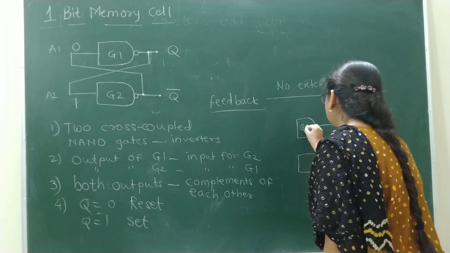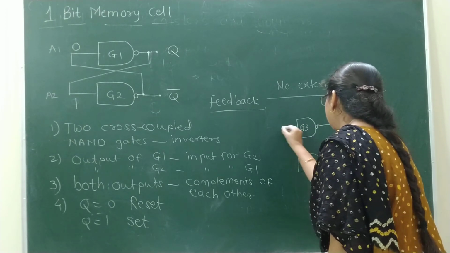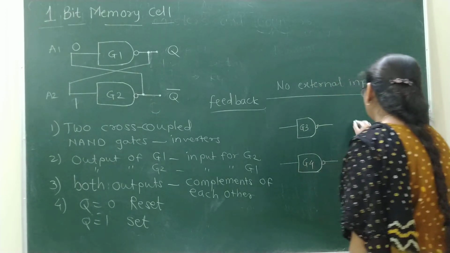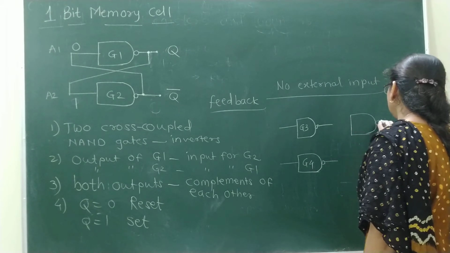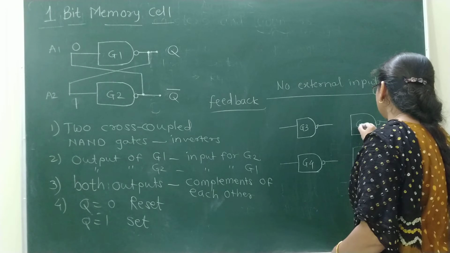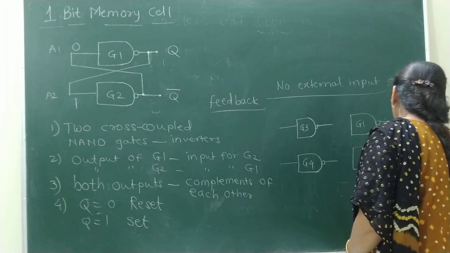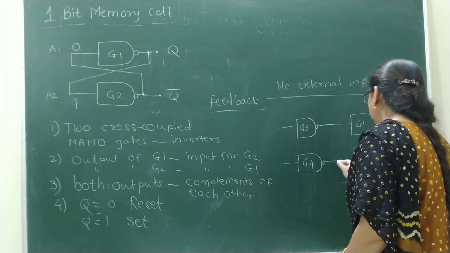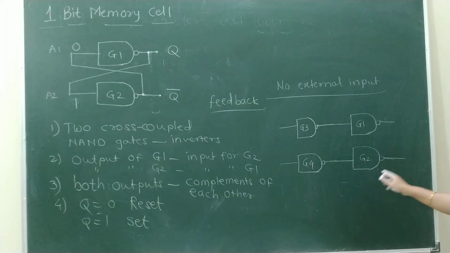Here are the two additional gates G3 and G4, while the next two gates, G1 and G2, can use the feedback part again, but now we can apply the inputs.